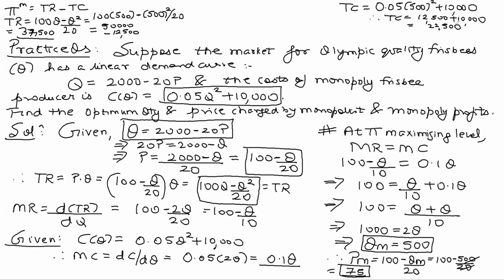So therefore, I can say the profit of the monopolist is total revenue, which is 37,500, minus the total cost, which is 22,500. So 37,500 minus 22,500 gives us 15,000.